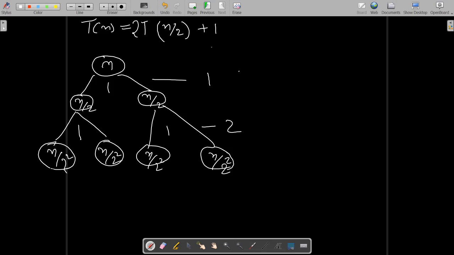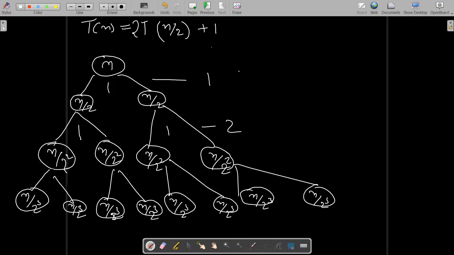Now at the next recursive call, the input size will be further partitioned as n/2^3 at each node, and at each division or merger we have one operation involved. So the total number of operations at this level will be 4.